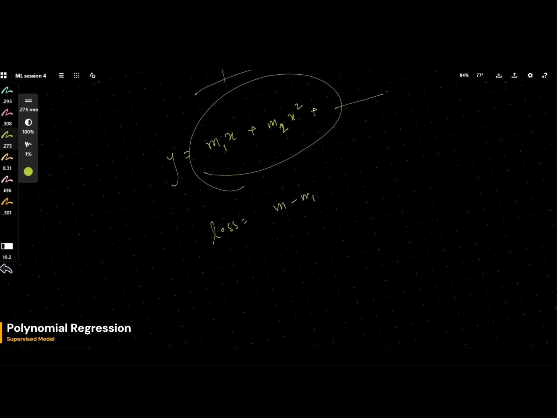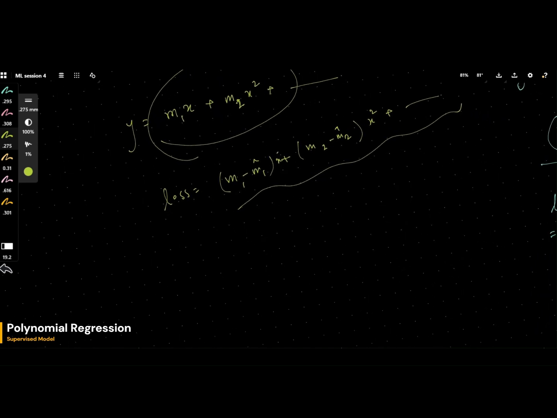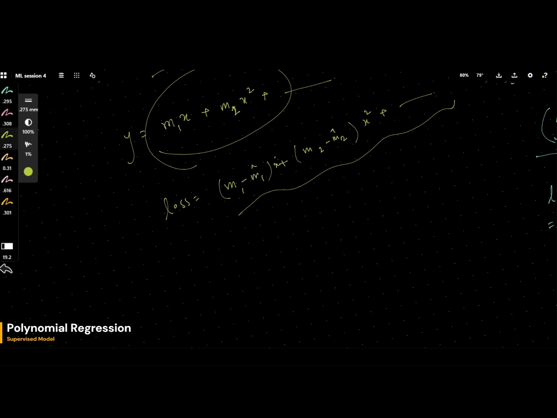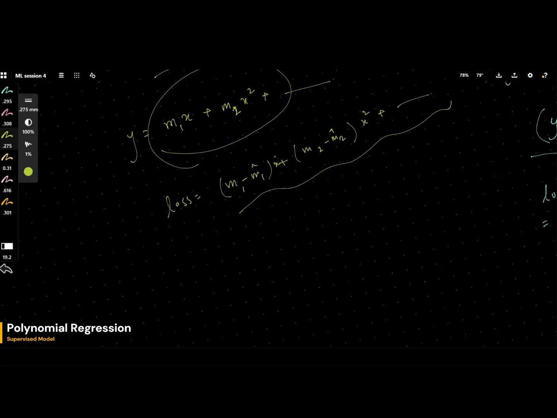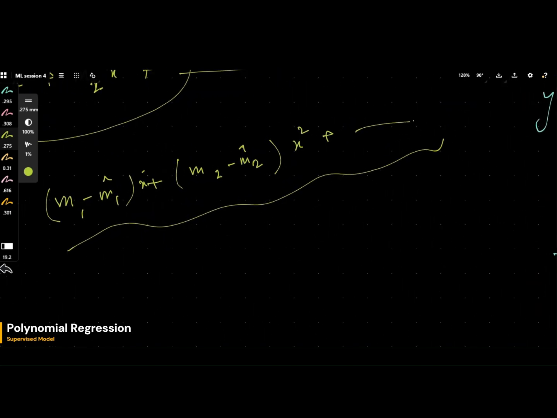I remember the hat notation I just taught you earlier. We have to minimize this. How do you minimize higher order equations? After all, it is algebra, right?